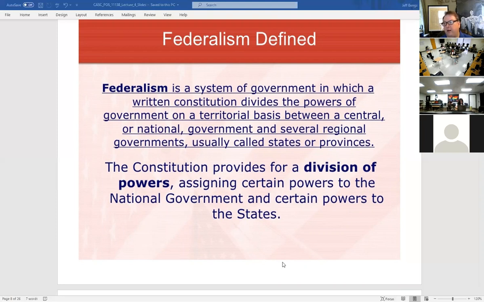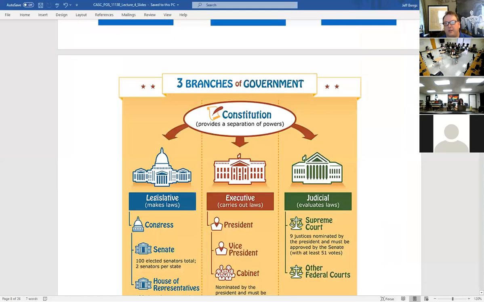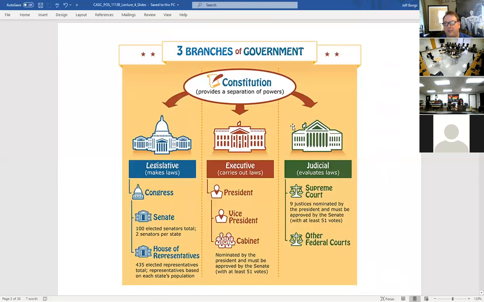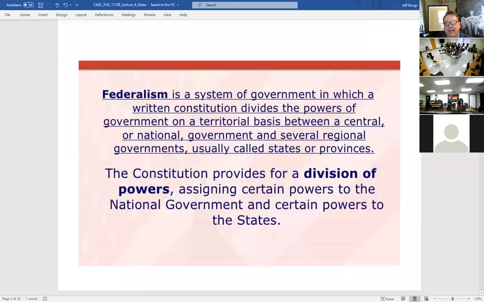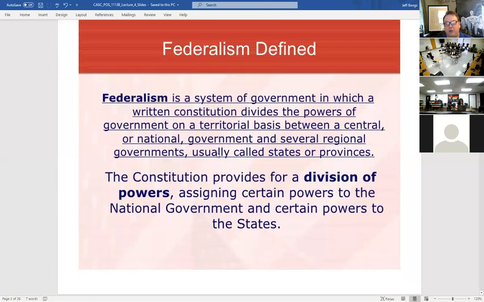So while there is a division of powers within the federal government, there is also a division of powers between the federal government and state governments.